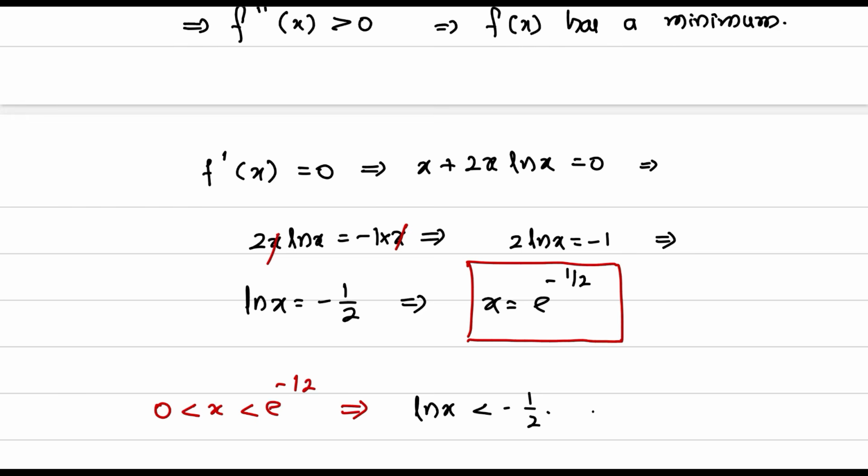That implies function dash x is strictly decreasing. Strictly decreasing.